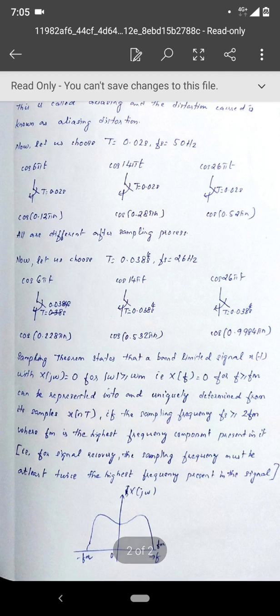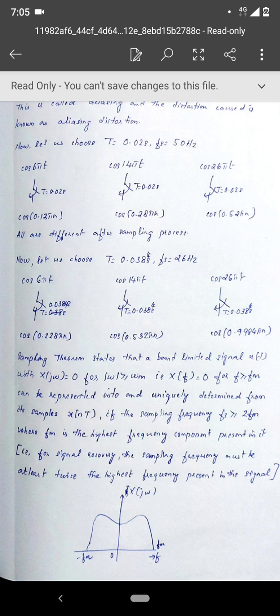How that is analyzed, we have learned: the Fourier transform, or for a periodic signal, the Fourier series. With that you'll find the different frequency components.